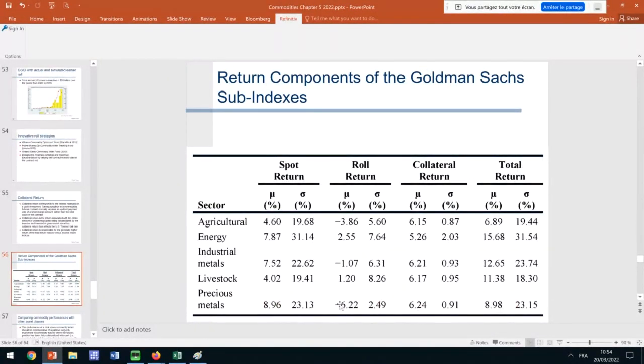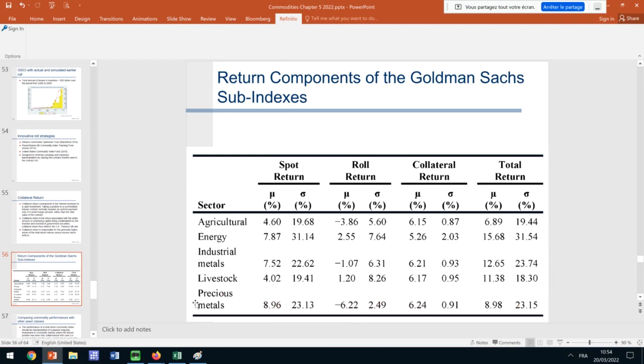Interestingly, you can see that the roll return for precious metals is exactly the collateral return, and that is because precious metals are at full carry. We said for precious metals the prices go up by exactly the interest rate. So if you sell the long and buy the long and sell the short, the amount of money you are losing is exactly the interest rate.